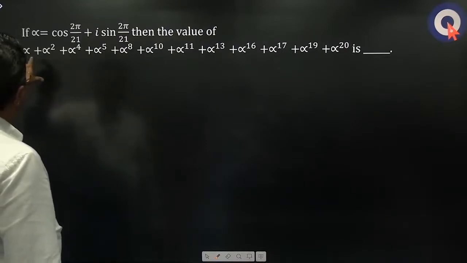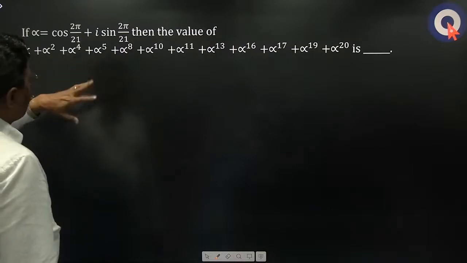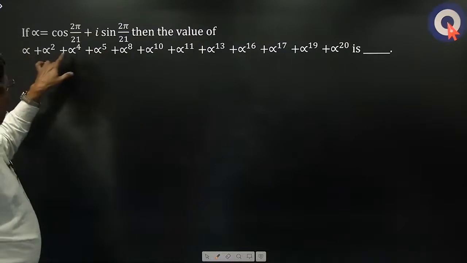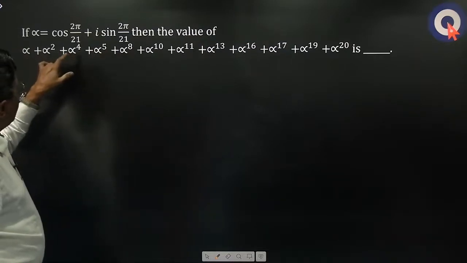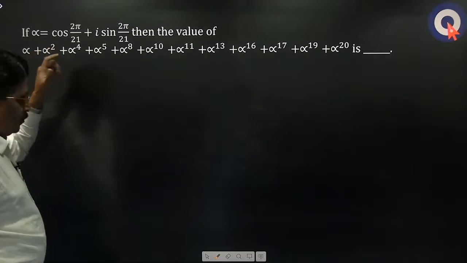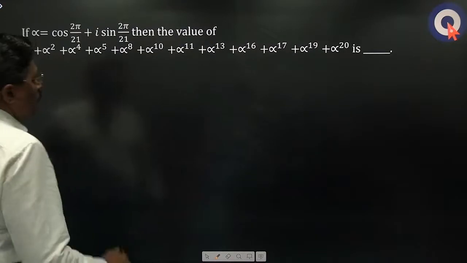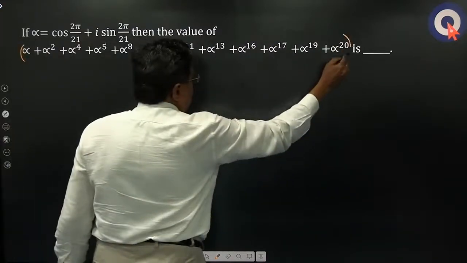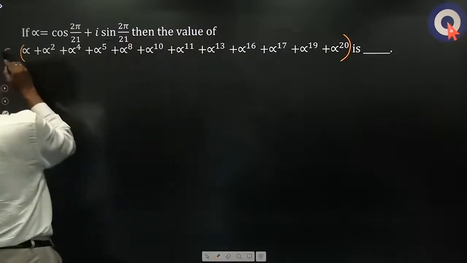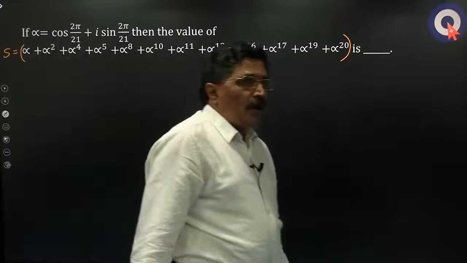Alpha cube is missing, like alpha power 6, etc. Whatever powers are there, those numbers are less than 21 and prime to 21. Let us say the sum to be found we will call S.